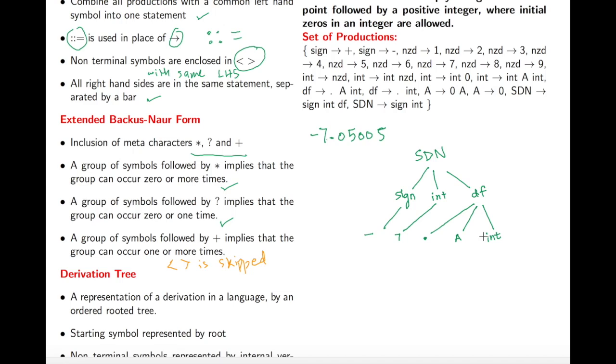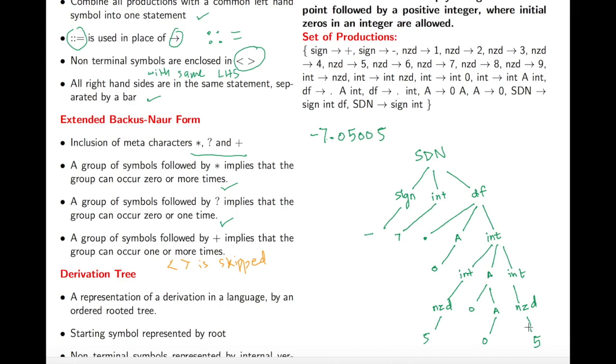Now in this point a int, this a goes to 0 here, and this int is our int a int. Then this int is our non-zero digit, and this is my 5. This a is my 0 and a, this a is my 0, and this a is my non-zero digit, and this non-zero digit is my 5.